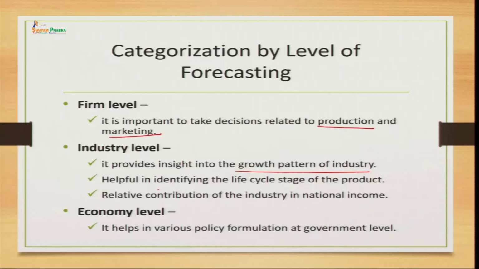It is also helpful in identifying the life stages of the product, at what stage your product is. Every product has a life cycle, starting from the introductory phase to the declining phase. At what phase your product is, you will be able to understand with the help of demand forecasting.